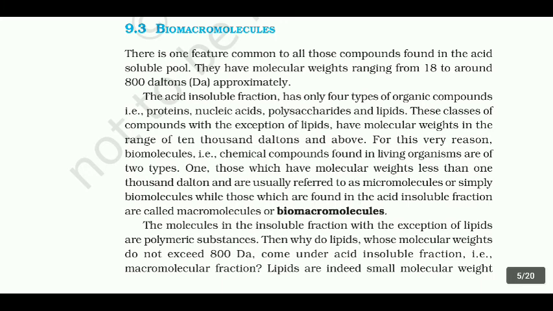These classes of compounds, with the exception of lipids, have molecular weights in the range of 10,000 daltons and above. For this very reason, biomolecules, that is, chemical compounds found in living organisms, are of two types: those which have molecular weights less than 1000 daltons, called micromolecules, while those which are found in the acid-insoluble fraction are called macromolecules or biomacromolecules.